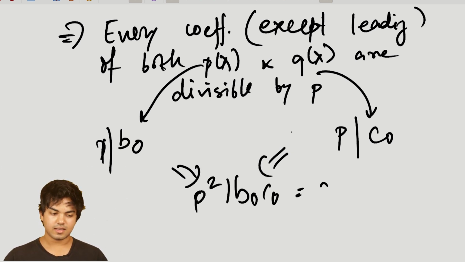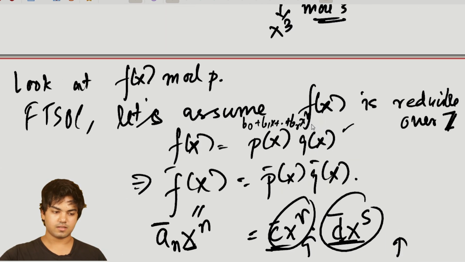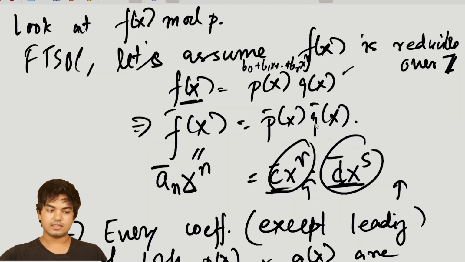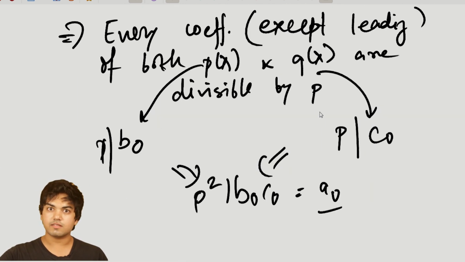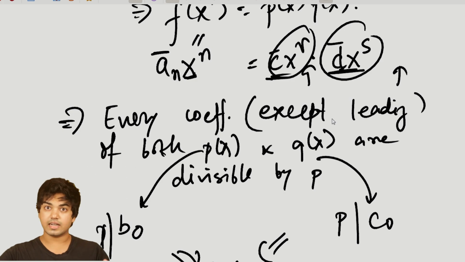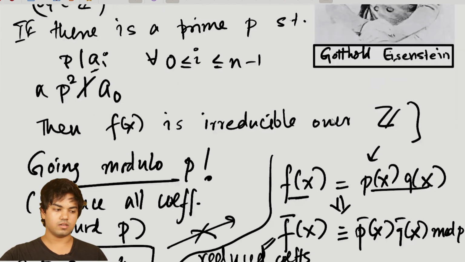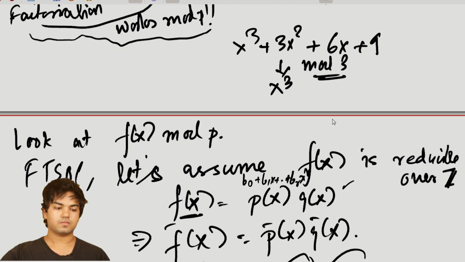But b0 c0 is the constant term of f(x), right? p(x) times q(x) is f(x), so the constant terms multiply. The constant term of f(x), a0, is the product of b0 and c0, but that's divisible by p squared in this setup, which contradicts our original assumption that p squared didn't divide a0. That's where the contradiction is.